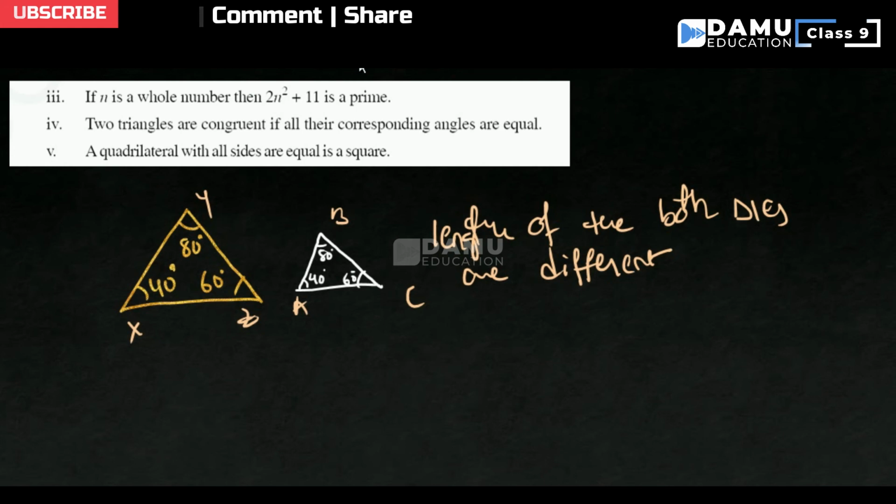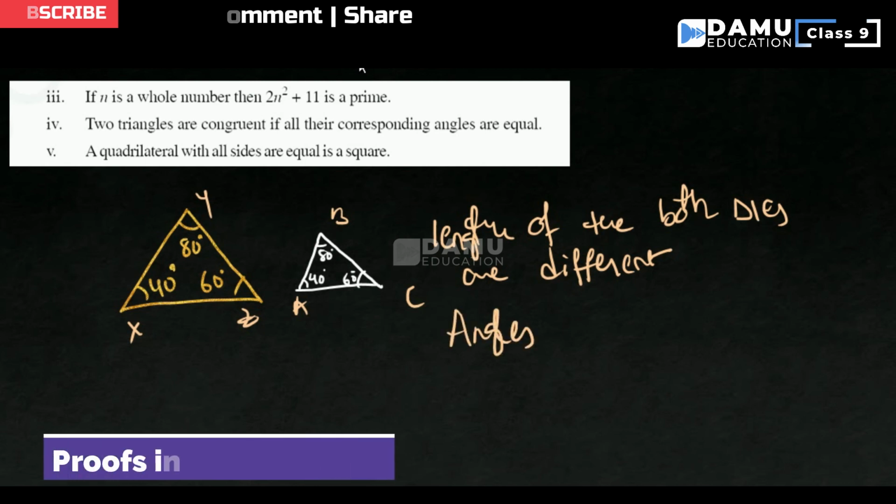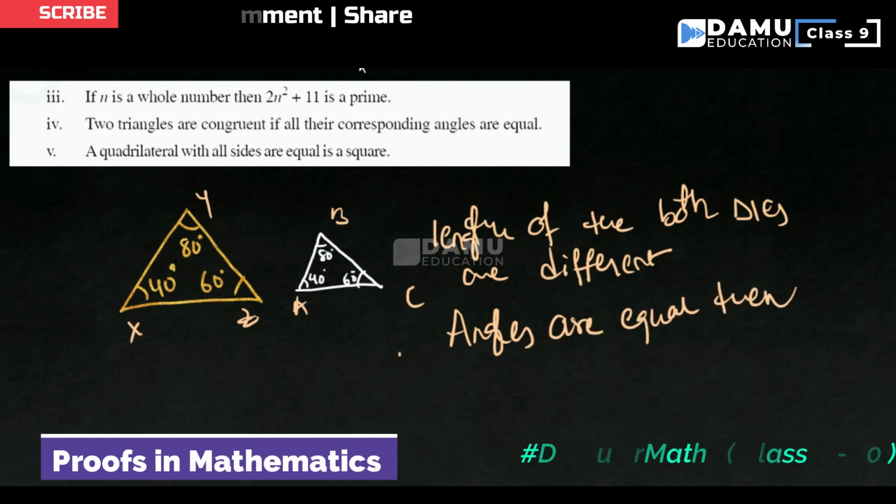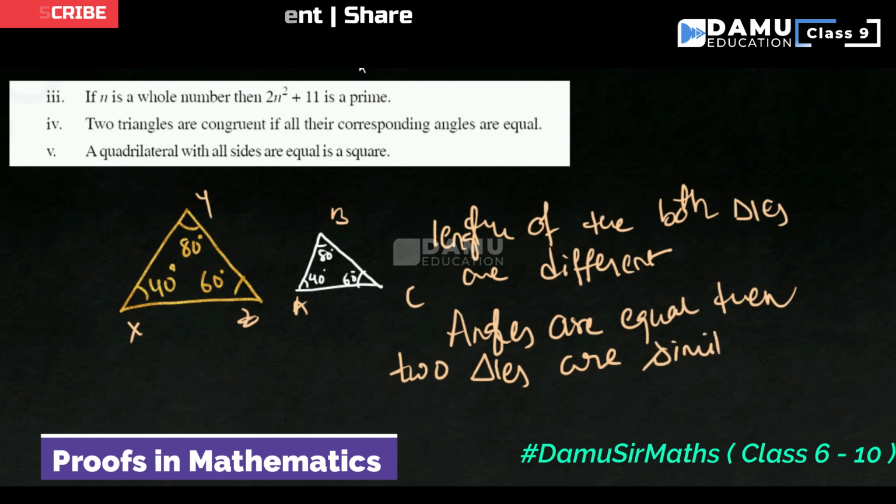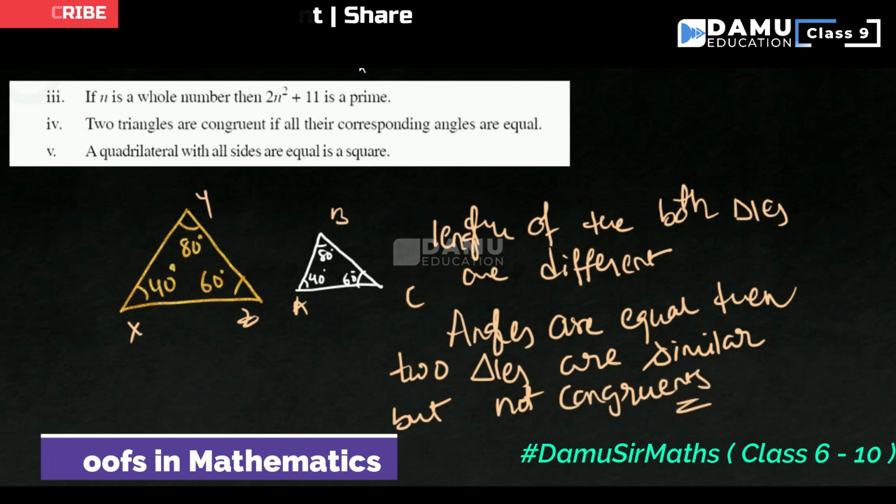If the angles are equal, then the triangles are only similar, but not congruent. Congruent means all the sides and angles should be equal, then only we can say they are congruent to each other.